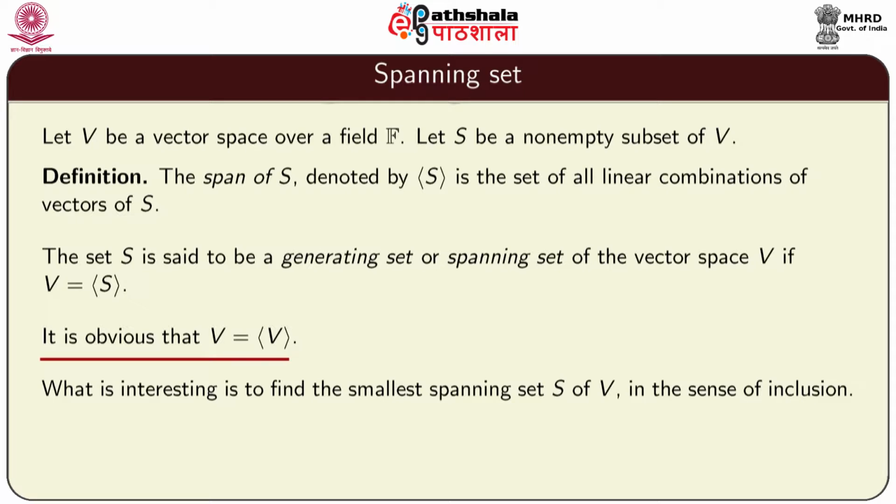Because it is obvious that V itself is a spanning set of V. V is a vector space, therefore, it contains all possible linear combinations of vectors from V. So, surely we are looking for some subset of V which is possibly not the whole of V, but something smaller, in fact the smallest such. And what do we mean by smallest? We mean that in the sense of set inclusion.